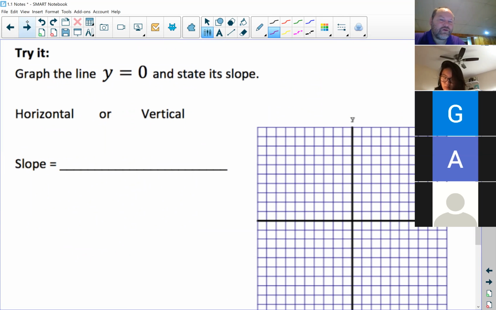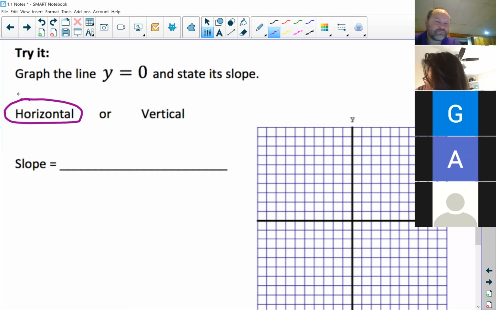Graph y equals 0 and state its slope. Is it horizontal or vertical? Horizontal. It is horizontal. What is its slope?